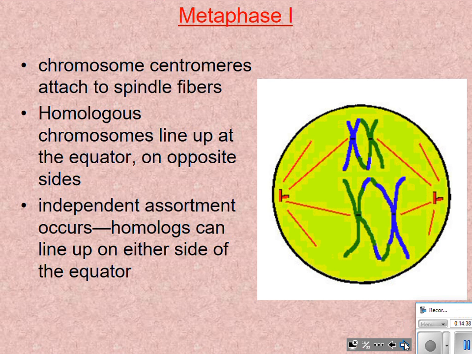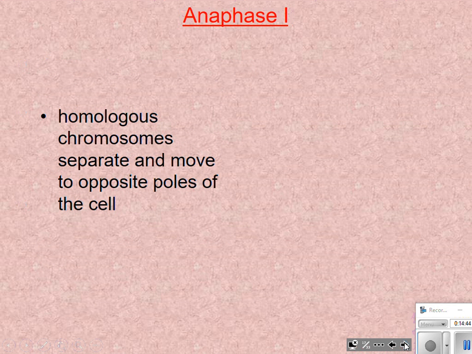After metaphase comes anaphase 1. Anaphase 1, the homologous chromosomes are separating and moving to the poles. The homologous chromosomes are separating and they are moving to the poles.